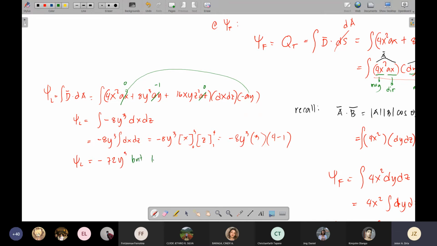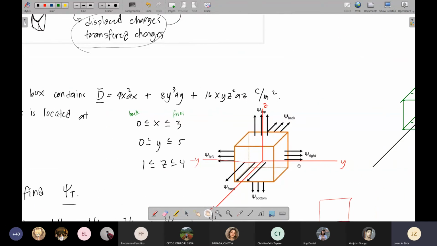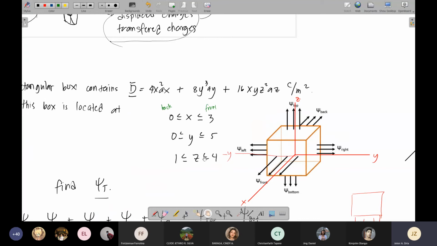But, the left surface. Okay, where is the location of your left surface? Over here. Now, you're going to look at the limits, of course. This will be the left. This will be the right.